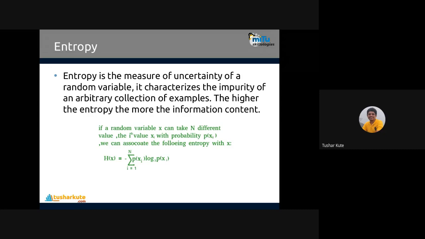See the function mentioned here, we'll talk about entropy also. How is the entropy criterion used to build a tree?